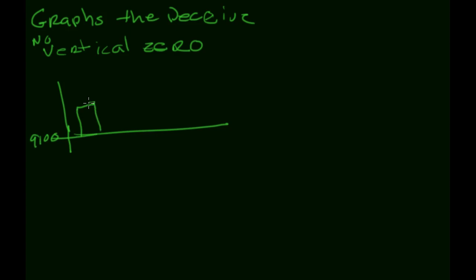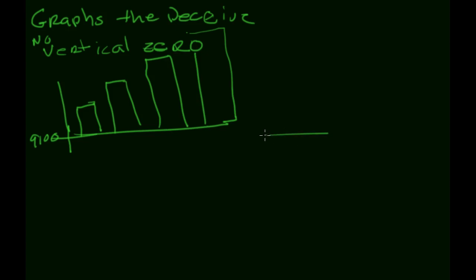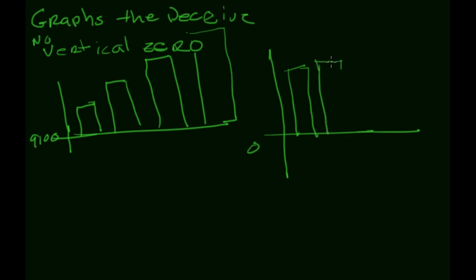This guy looks tiny, and this guy looks a little bigger, and this guy looks bigger yet, and this guy looks even bigger. But had I actually started this graph out at 0, those differences are not going to be so great.